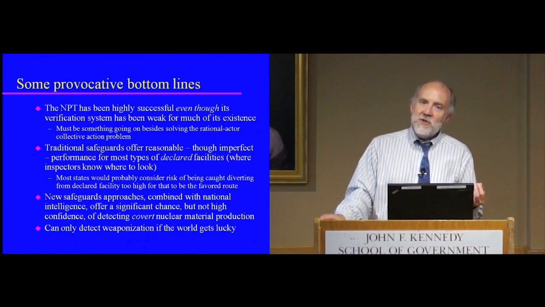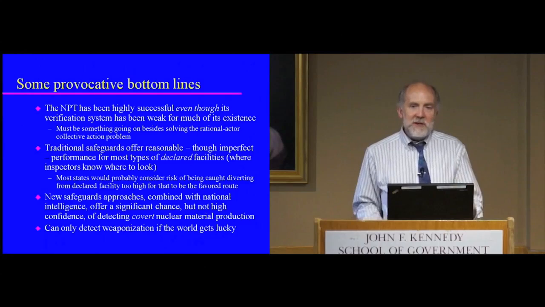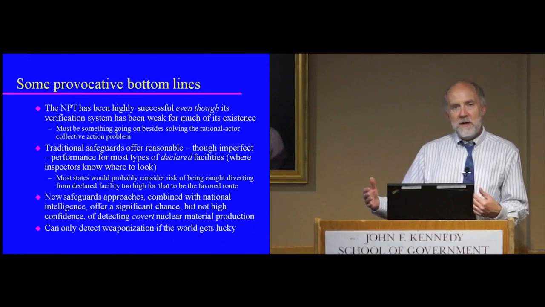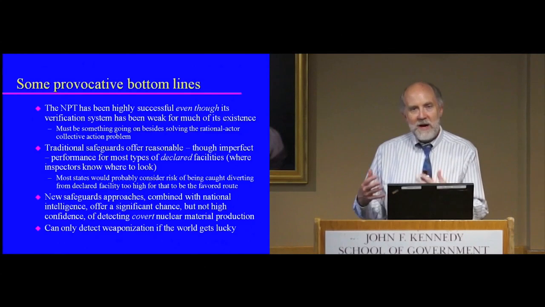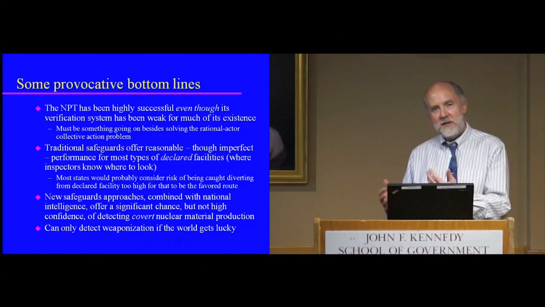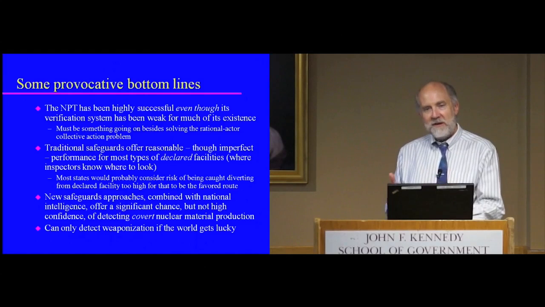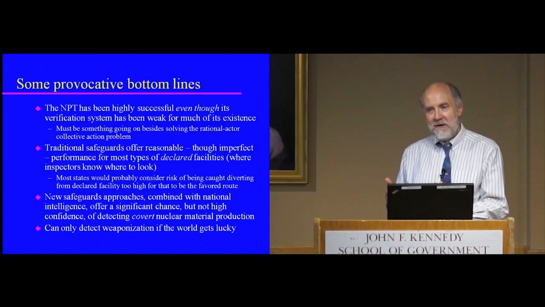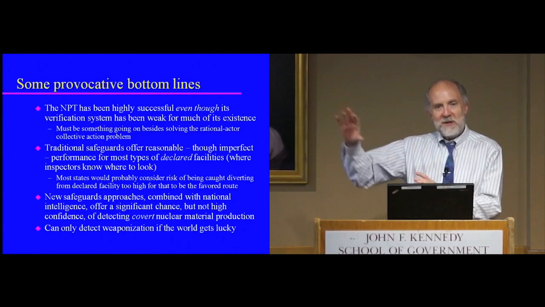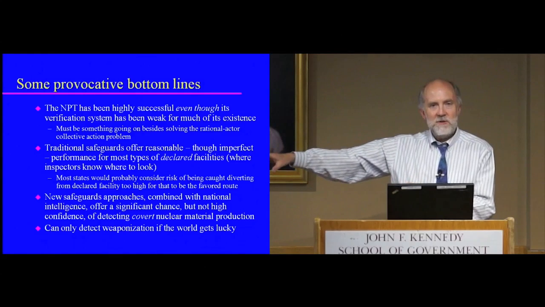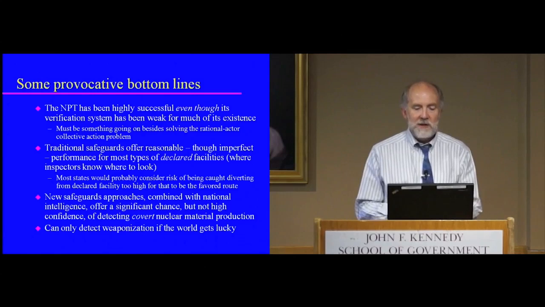And so that suggests that there must be something going on behind the success of the treaty that goes beyond just the rational actor solving the collective action problem, because you're not really completely solving the collective action problem if one state, just because another state is a member of the treaty, can't be sure that that other state isn't cheating on its obligations.